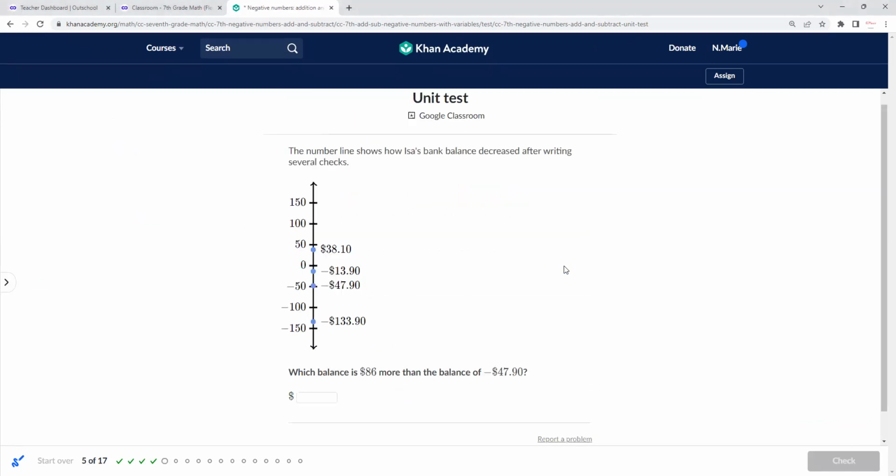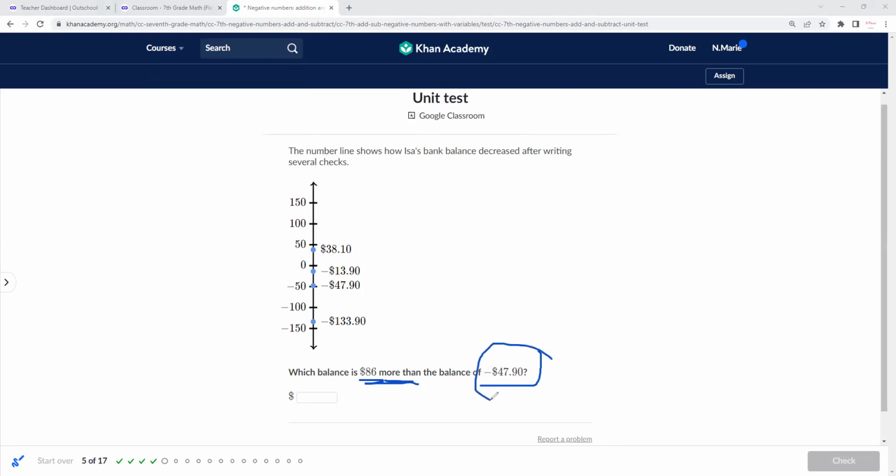The number line asks how Issa's bank balance decreased after writing several checks. Which balance is $86 more than the balance of negative? So if it's what balance is $86 more than this, you need to add $86 to that.